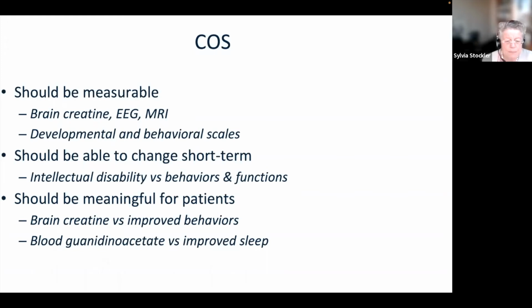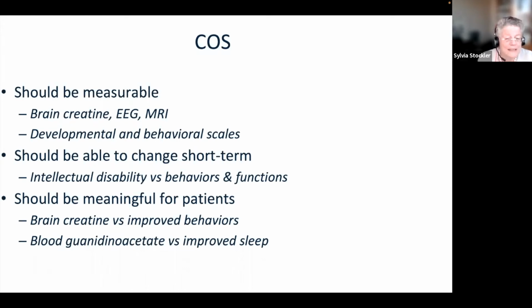And if we speak in the context of clinical trials, of course, these outcomes need to be able to change short term, because a clinical trial only can last for a year or maybe maximal 2 years. But there are some outcomes that don't change within this time of the trial.